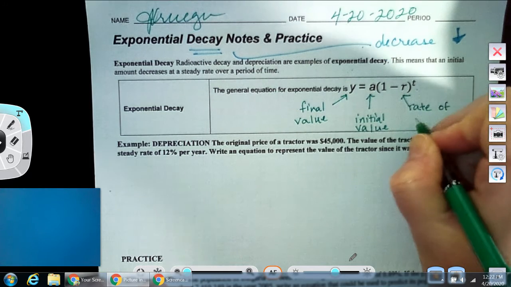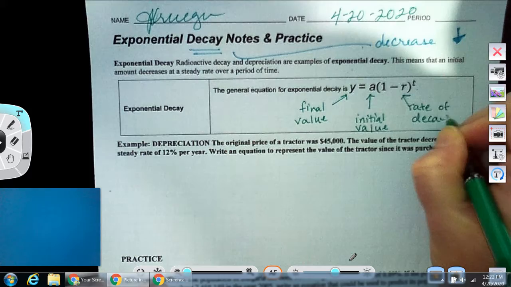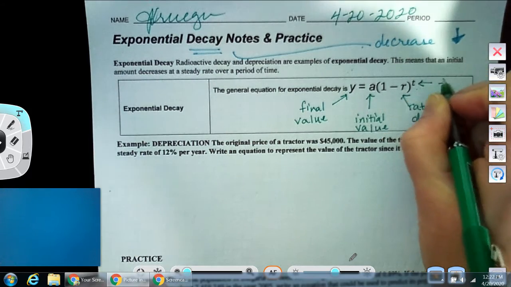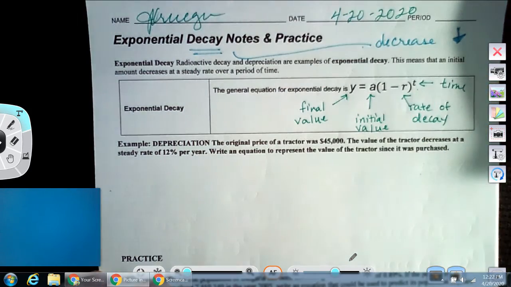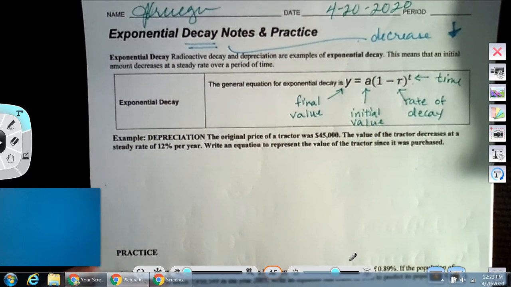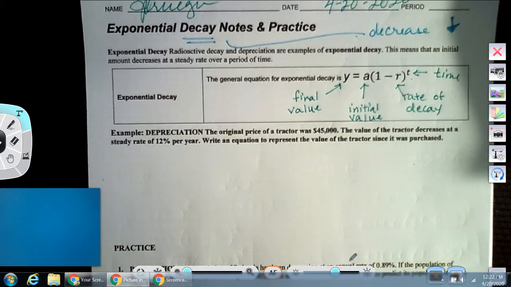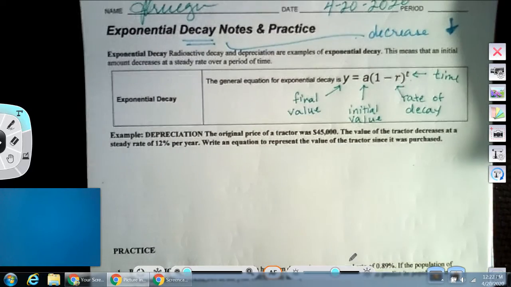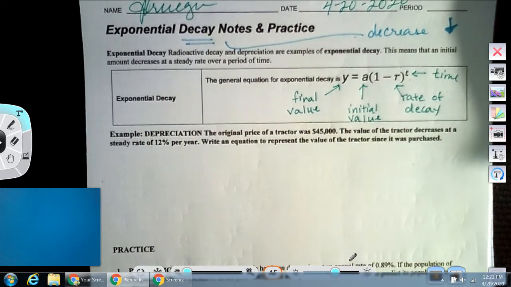At what rate is it decreasing? And t is our time. So I'm going to do one example here, and then again, the practice problems are there for you to do on your own, and you can double check them on the key that I post on Classroom.